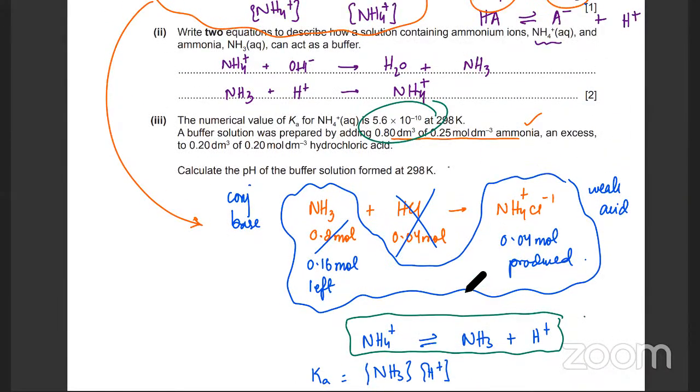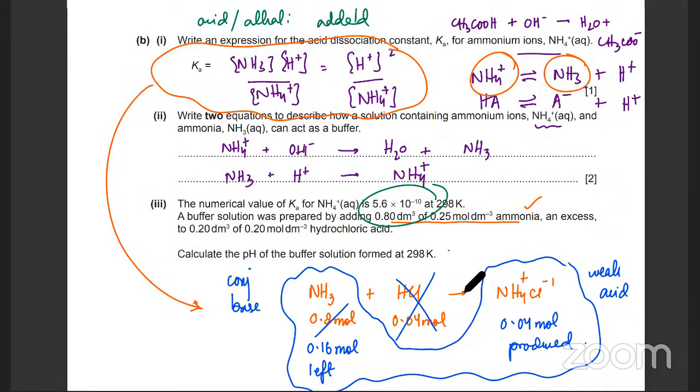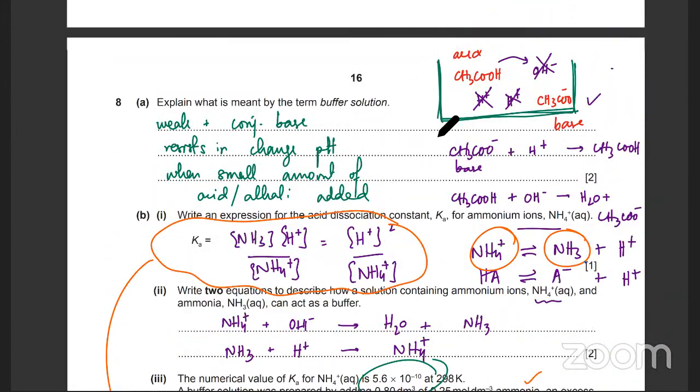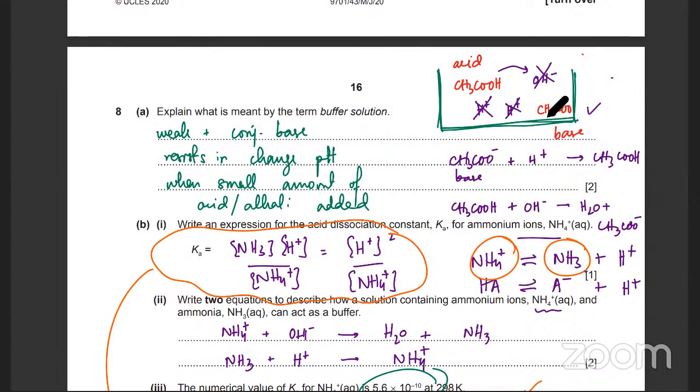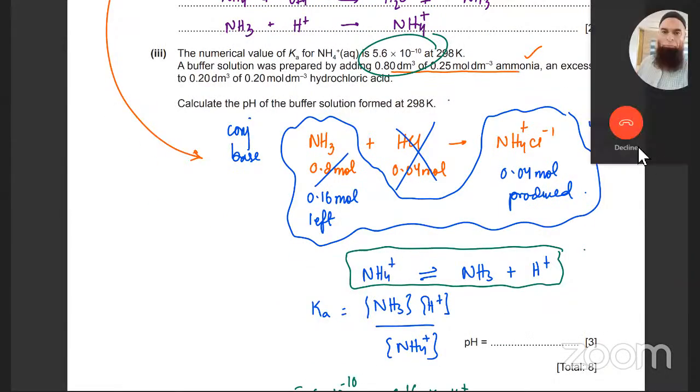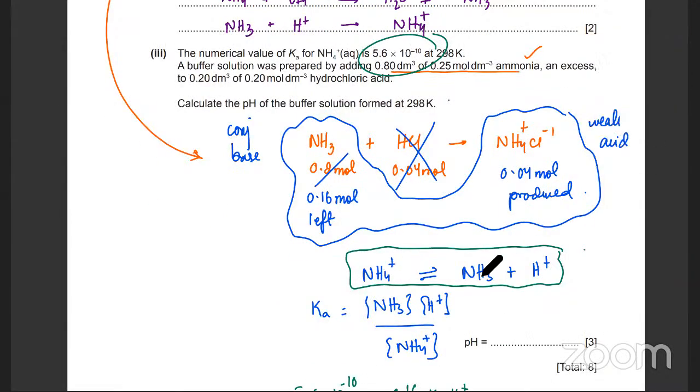And remember about buffer solutions, okay, how are buffer solutions formed? Buffer solutions are formed when you have a weak acid plus its conjugate base in the solution as well. That is, if both of them are present in the solution, it doesn't really matter if they come from different sources.